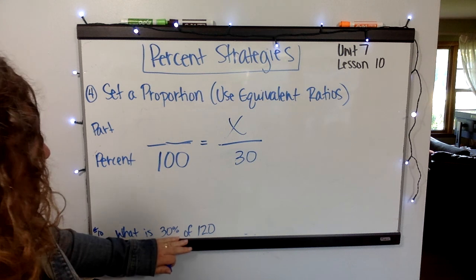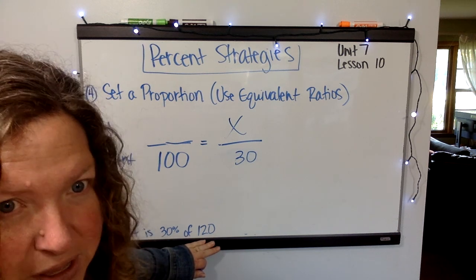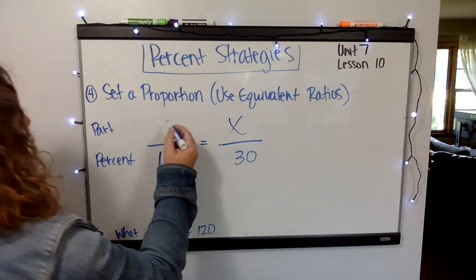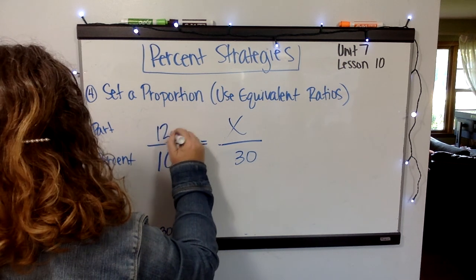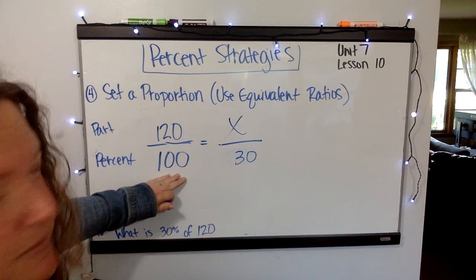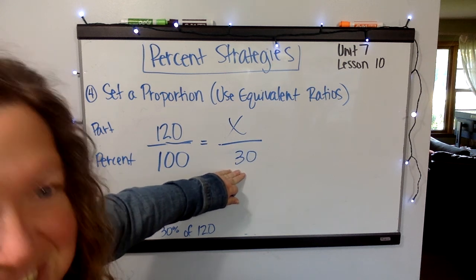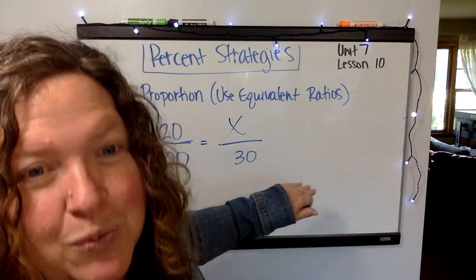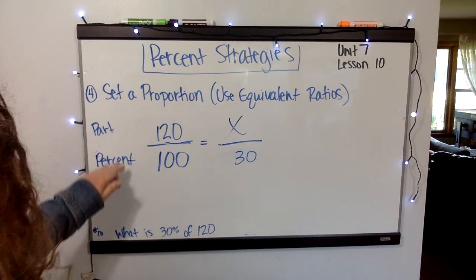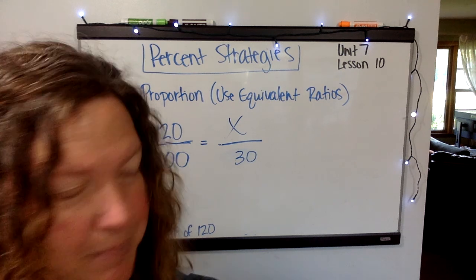What is 30% of 120? Out of 120. So the 120 is 100%. We want to know what 30% is. Do you see how we set that up? We thought through, we reread, and then we started by putting our labels in to help us match it up.